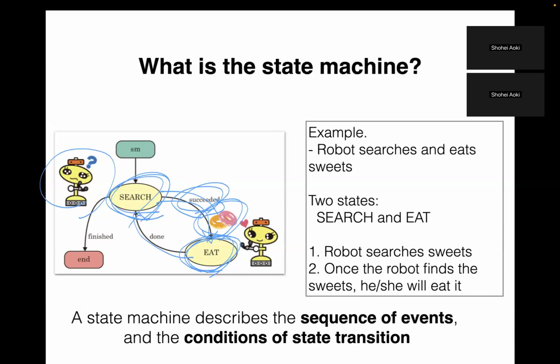So maybe when the robot is satisfied for eating a lot of donuts, it can finish its operation. So this is a very, very simple scenario, but the state machine is very powerful to describe the operation of the robot.